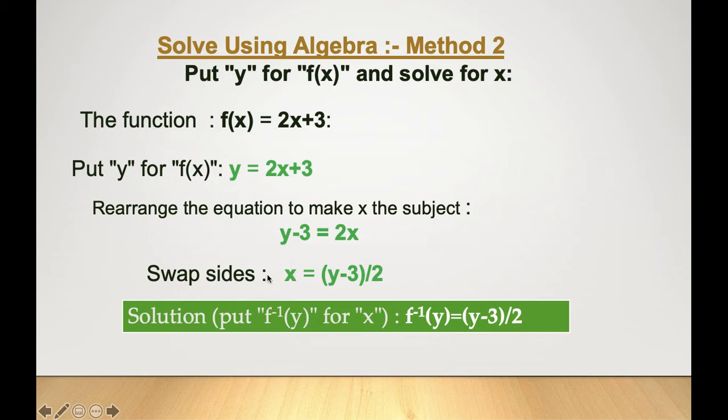This x you just replace with f inverse of y to get the inverse function. So this is very easy, right? The algebra method is very easy, and many people prefer this method. But if you are asked to illustrate with a flow diagram, you should be familiar with it. That is why I illustrated it with the flow diagram also.